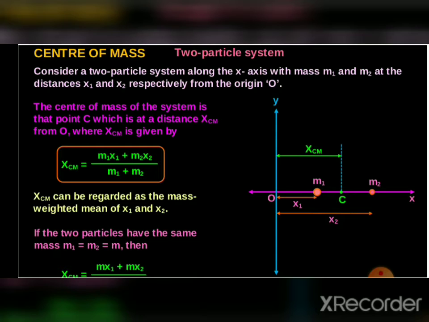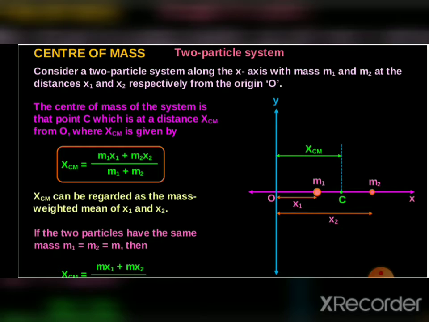First, consider a two-particle system along the x-axis or y-axis, depending on the situation, with masses m1 and m2 at distances x1 and x2, where O is the origin.